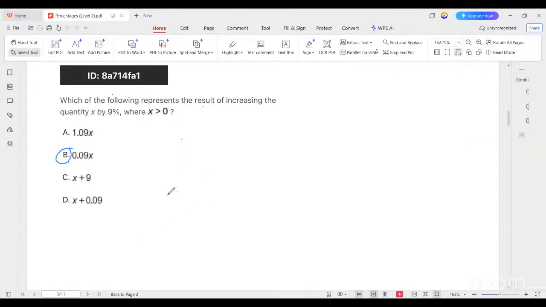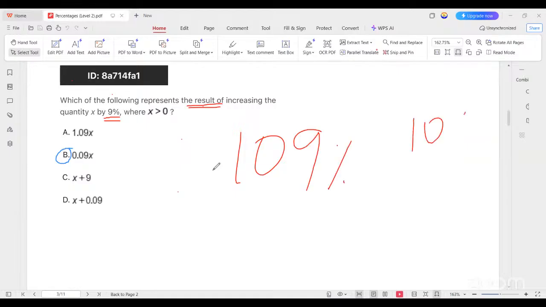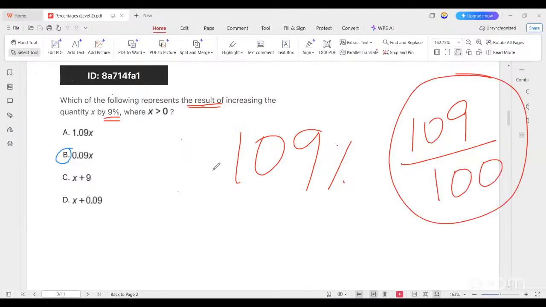What is the best option here? The result they are asking is the net after increasing 9%. After increasing 9%, earlier it was 100%, then 9%, so 109%. That is what we discussed to solve it straight away. 109% is nothing but 109 divided by 100. This is nothing but 1.09 of the value.